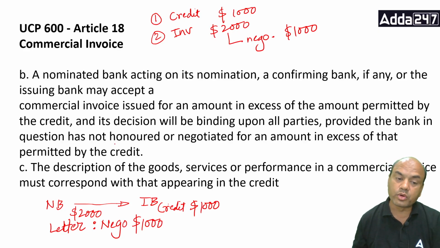Now suppose I don't mention it. I'm sending this $2,000 invoice to the issuing bank and I don't mention this line, then what? Then this will not be accepted.